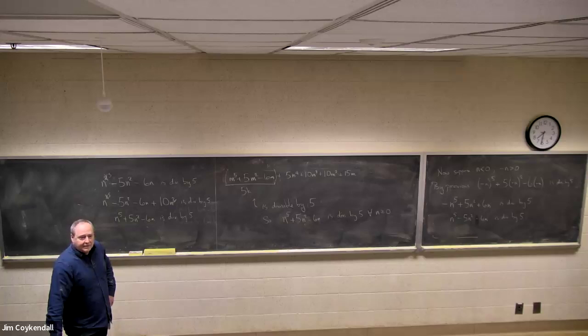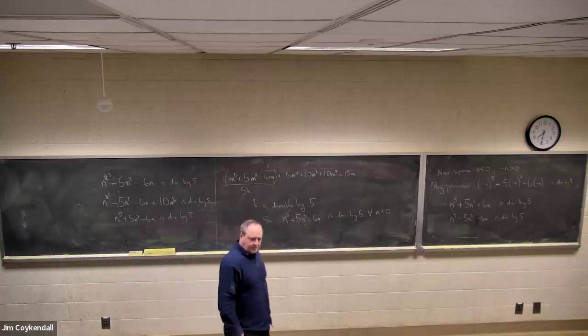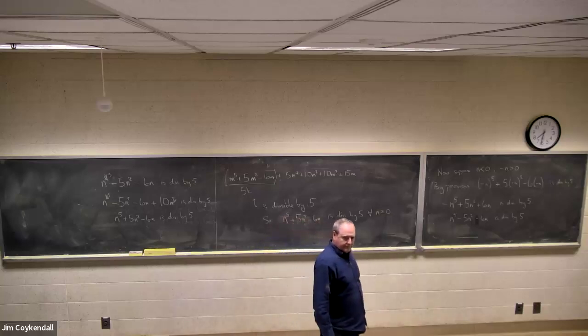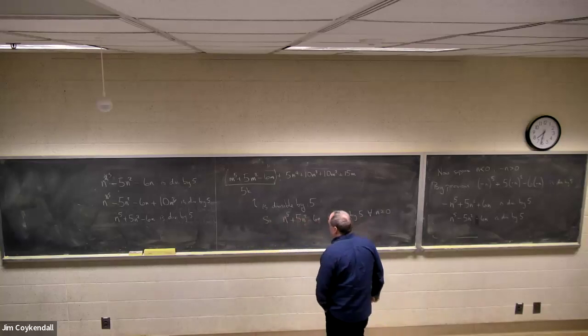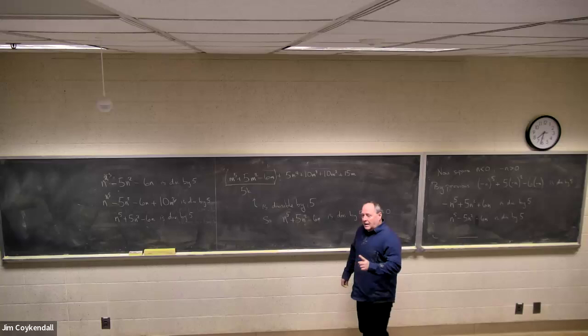Yes. What did we find here? Maybe it's like the five n squared is always a multiple of five, therefore we can work on the five n to the fifth minus six part instead.